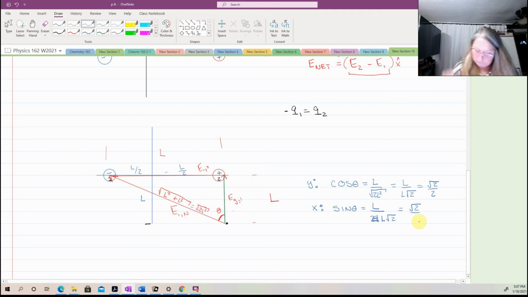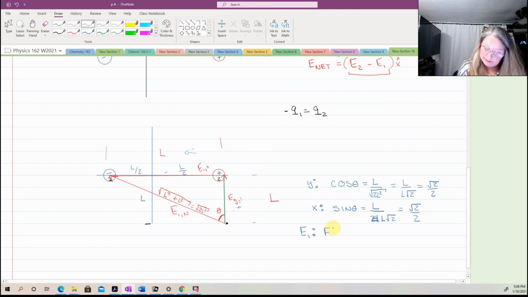Okay. Now I have the ability to break everything into its x and y components, which is what I need. And I know my y is going to be positive and my x is going in the negative direction. It's going this way, so it's going to be negative. So now I can write my E1.